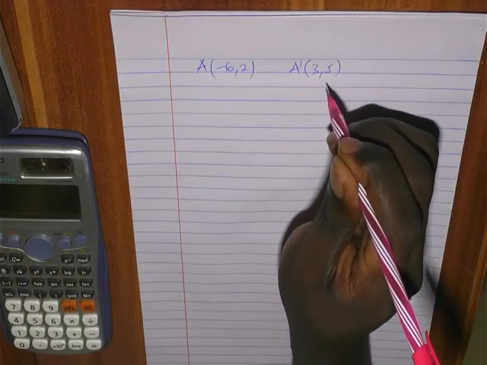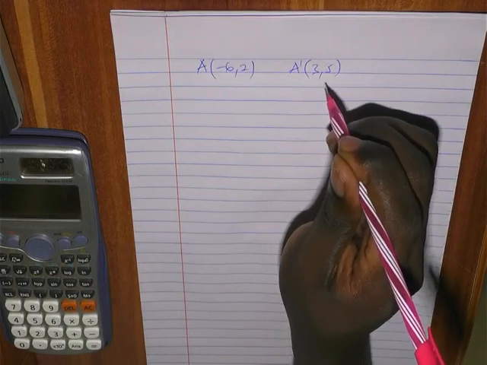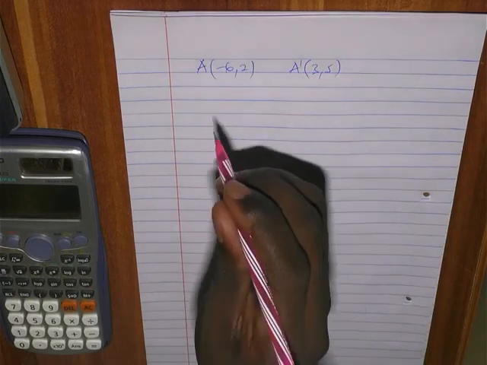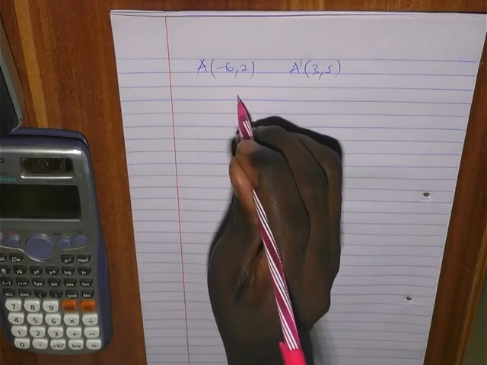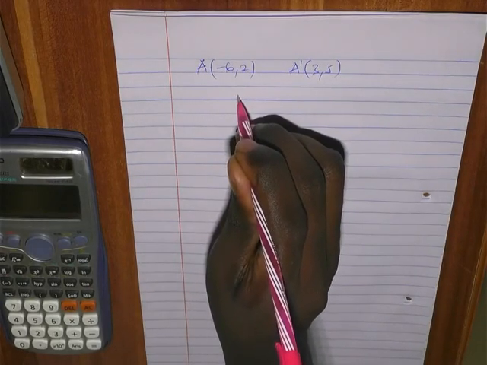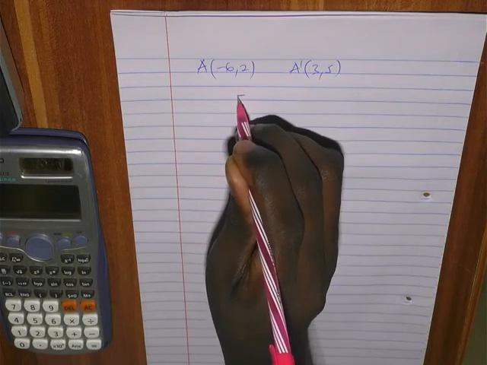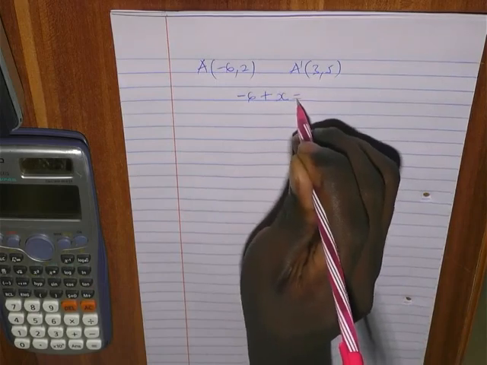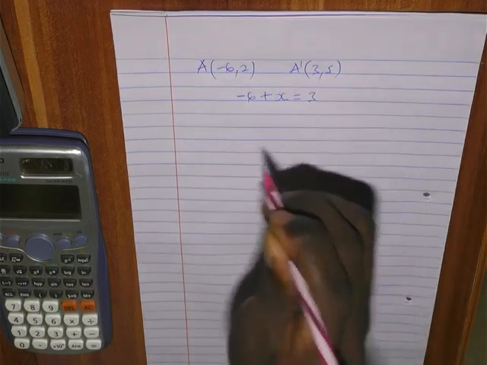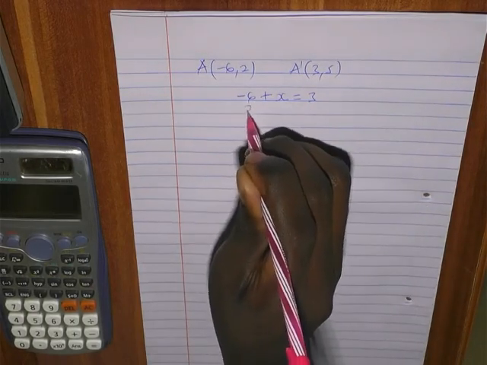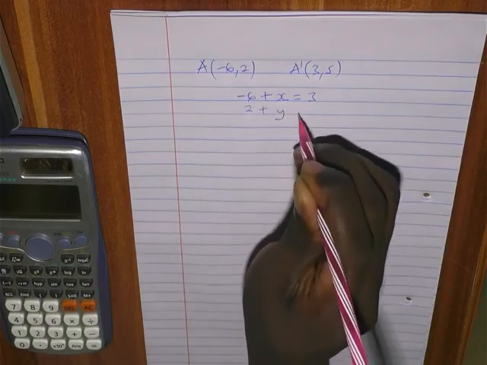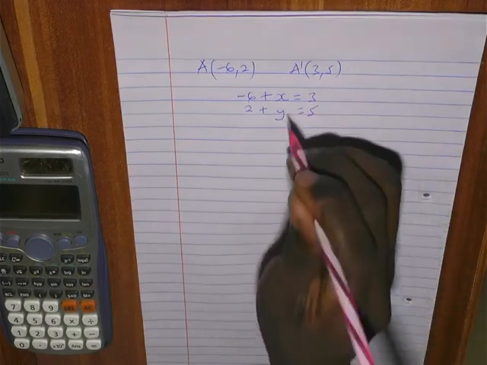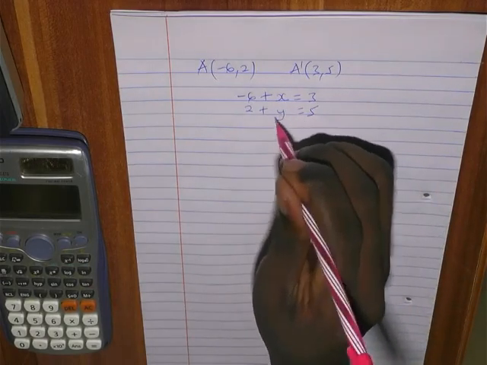We are told to determine the translation vector T. So the value at point X, which is -6, plus a translation X will give you 3, and the value at point Y, 2, plus a translation Y will give you 5. So it's a matter of finding X and Y.